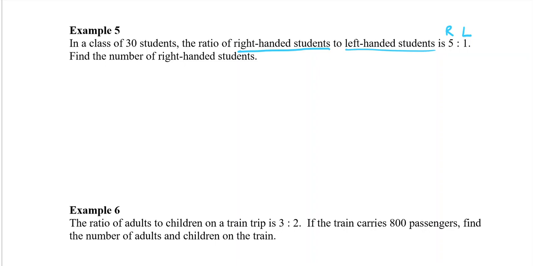It says there that I want to find the number of right-handed students. Just the right-handers. I don't really mind about left-handed people at the moment. In that ratio, there is a total of 6 parts. So for just the right-handers, 5 out of the 6 people are right-handed, and I times that by the 30 students.